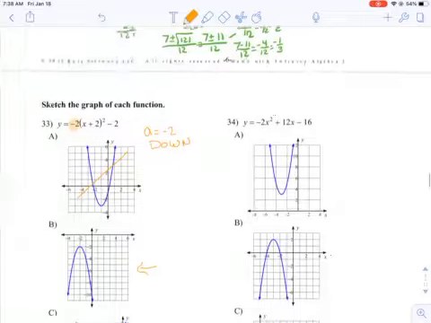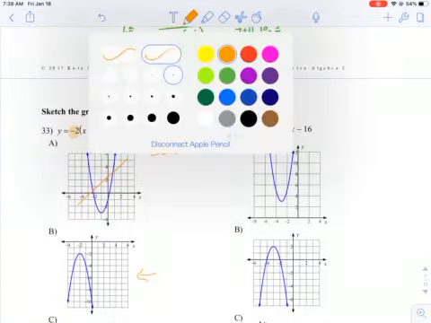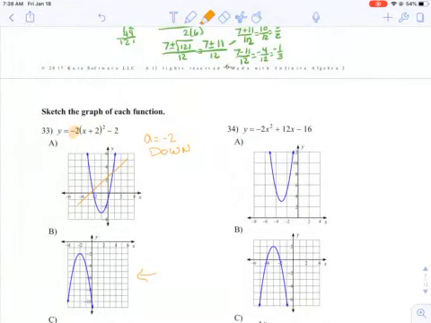The next thing we can look at is the vertex. We're going to look at this, and we're going to look at this. The first thing we're going to look at is that, and because that's a positive 2, we know that the x has to be a negative 2.